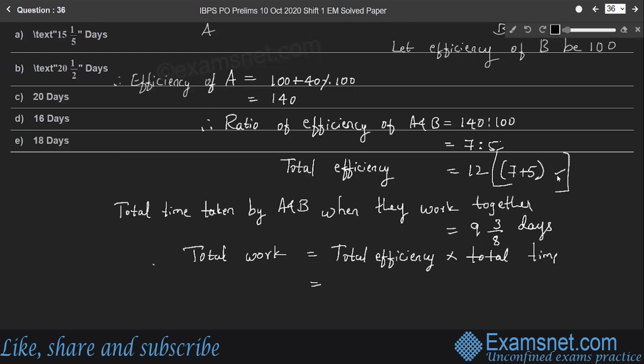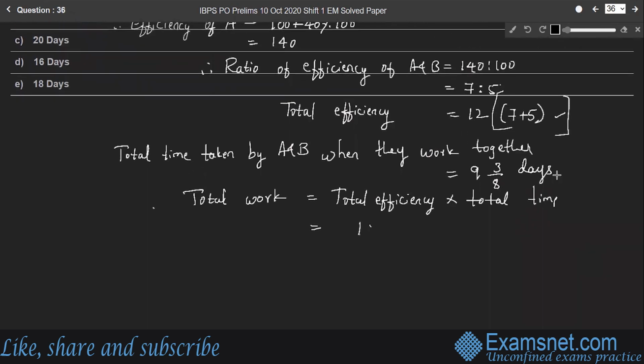Therefore, the total work is equal to efficiency 12 into total time 9 integer 3 by 8 days, which is 9 into 8 is 72, plus 3, 75 by 8 days. So the total time is 75 by 8. Simplify it: 4 into 2, 4 into 3. So it is equal to 225 by 2. Yes, 225 by 2 units is the total work.